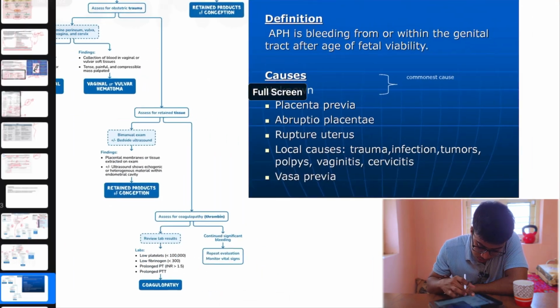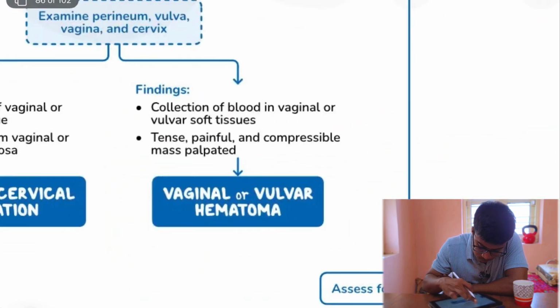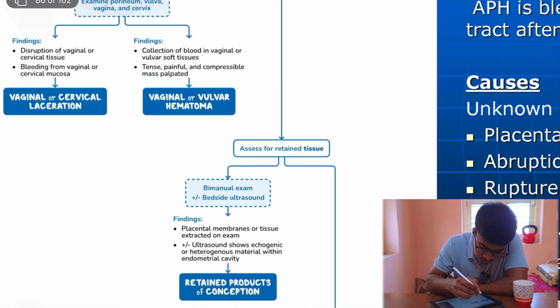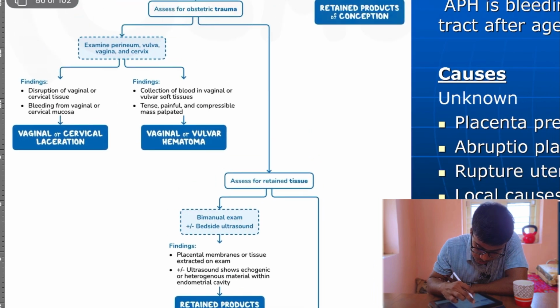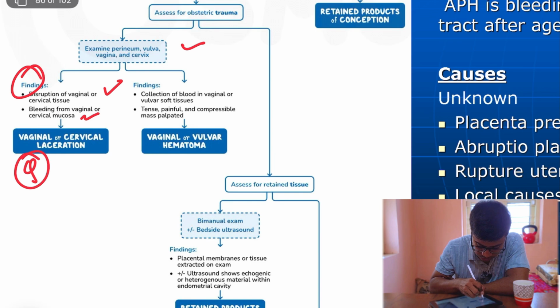Now going further in this chart, that is assess obstetric trauma. Examine the perineum, vulva, vagina, and cervix. Findings: disruption of vaginal or cervical tissue, bleeding from vaginal or cervical mucosa, trauma, cervical laceration, again a case, that is one more question, vaginal or cervical laceration.